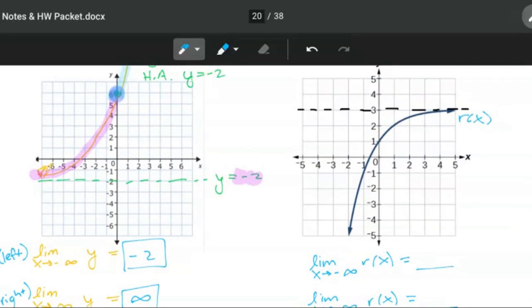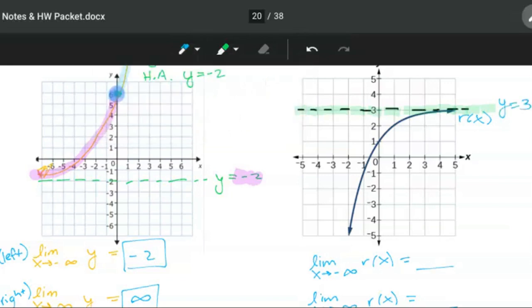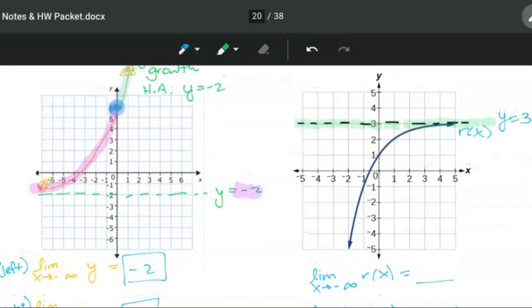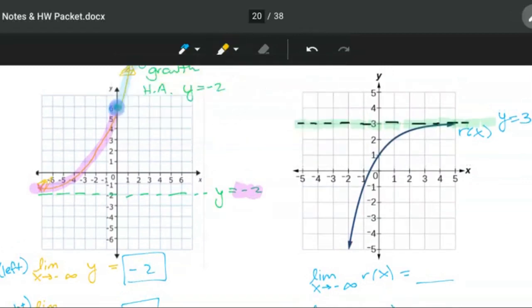One thing to point out, we do have an asymptote here. This asymptote wasn't labeled, but it's at y equals 3, so I'm just going to label that. For the first limit, as x approaches negative infinity, we trace from the middle to the left.